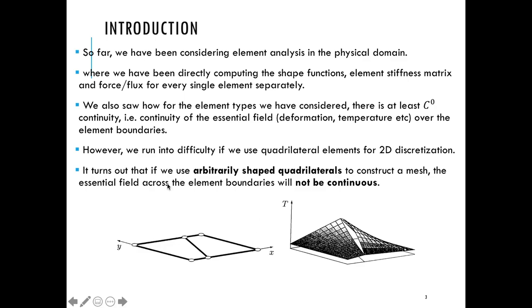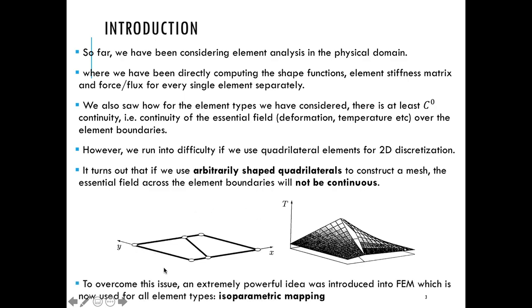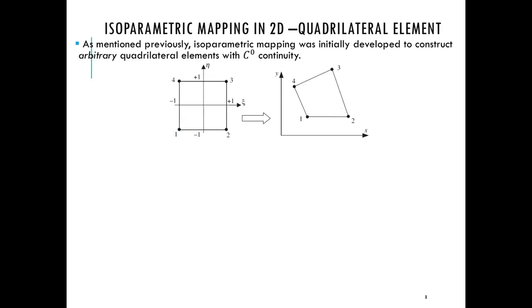For these arbitrary quadrilateral elements, we basically use our bi-unit square parent element, which looks like this. This element has universal dimensions, with the psi coordinate going from -1 to +1, and the eta coordinate going from -1 to +1.